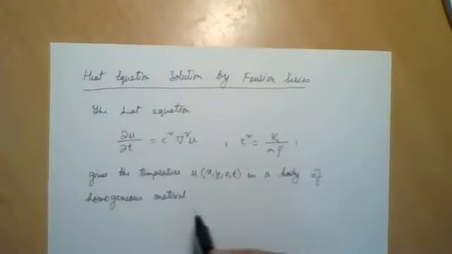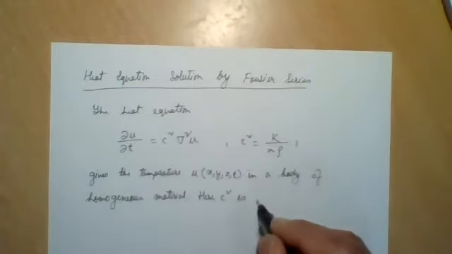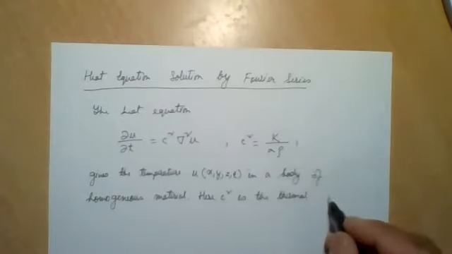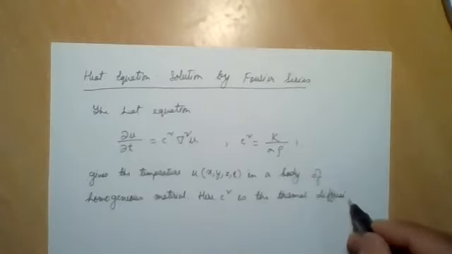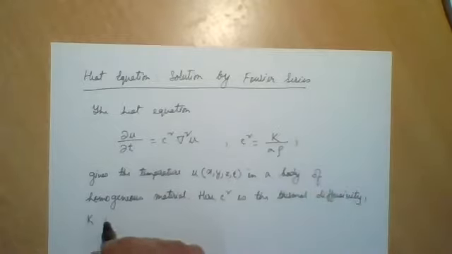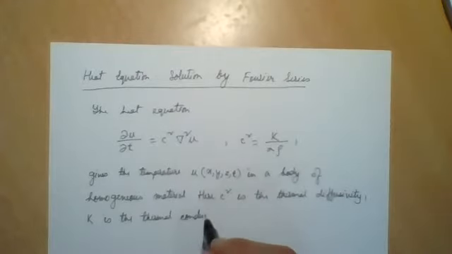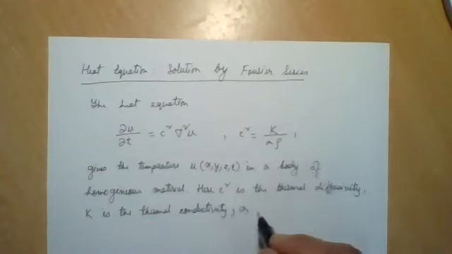Okay, here C square is the thermal diffusivity. Capital K is the thermal conductivity. And this sigma is the specific heat.